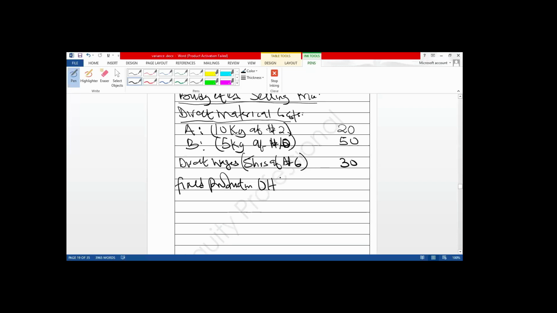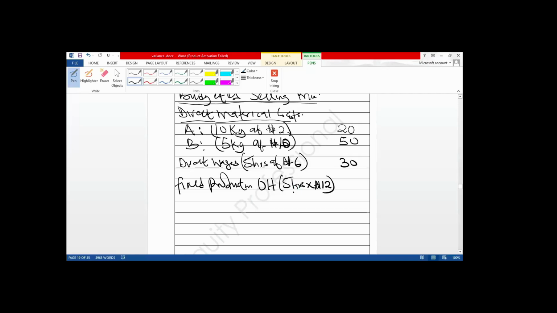Or you can do it like this: 5 hours standard, 200% of 6 naira per hour, that will give you 12 naira per hour. 5 multiplied by 12 gives 60 naira.